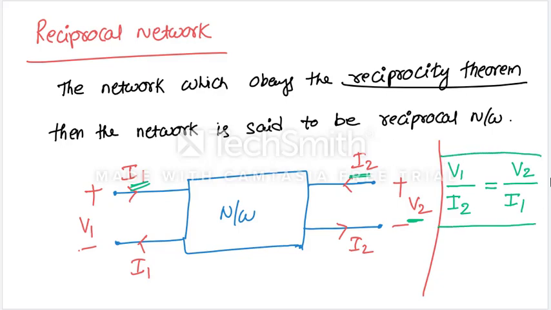If a network satisfies this property, V1 by I2 equal to V2 by I1, then the network is said to be a reciprocal network.